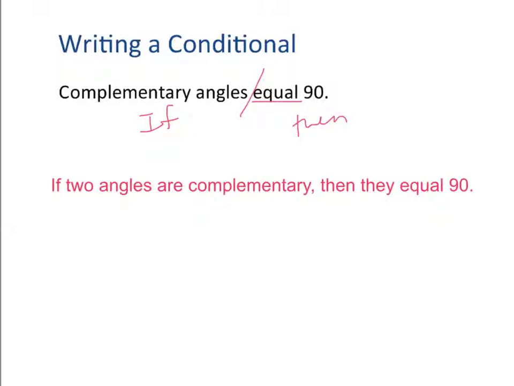That "complementary angles equal 90" isn't an if-then statement. If two angles are complementary, then they, notice the "they" is in the second part, then they equal 90. You can't say "if complementary angles." I have to refer to it as: if two angles are complementary, then they equal 90.